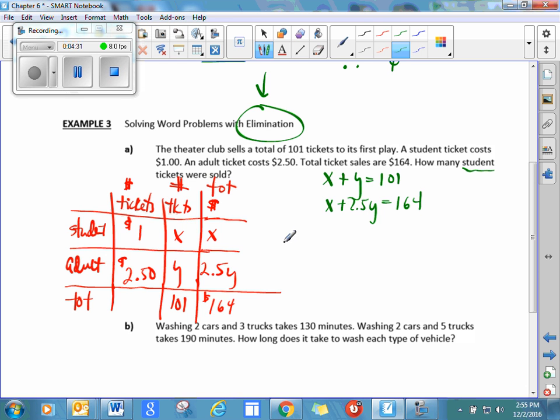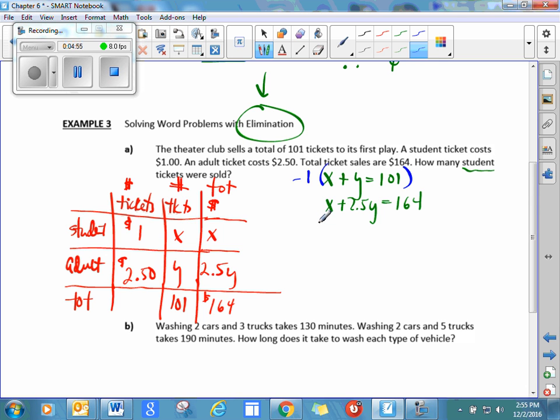So here's where I'm actually going to start with writing in the video. I've got these two equations. Remember, we can use graphing and we can also use substitution. But to use elimination, I've got to get one of these variables to cancel each other out when I add the two equations together. So I'm going to choose to multiply this top equation by -1.